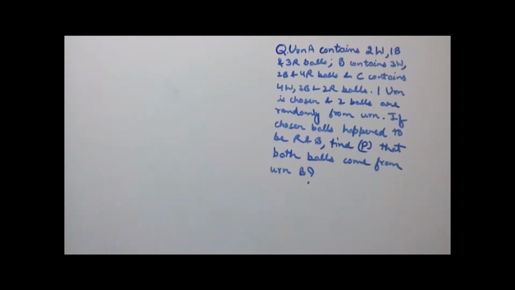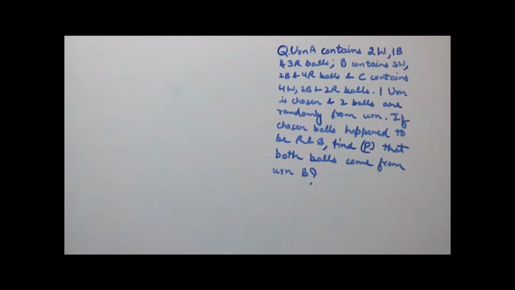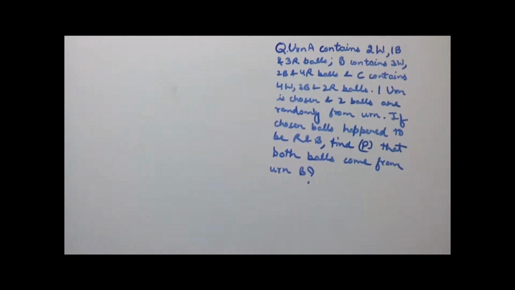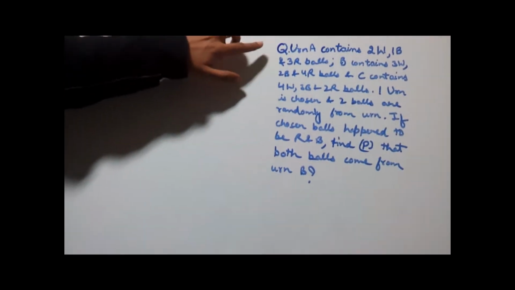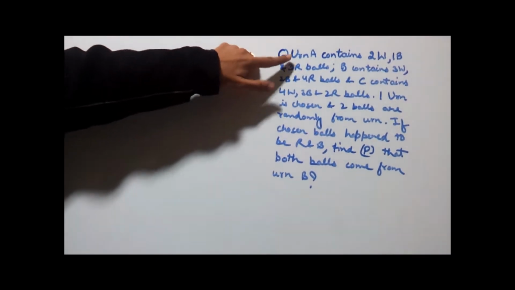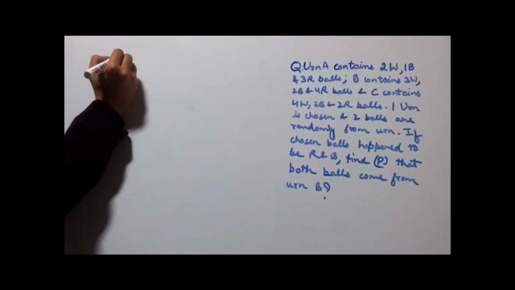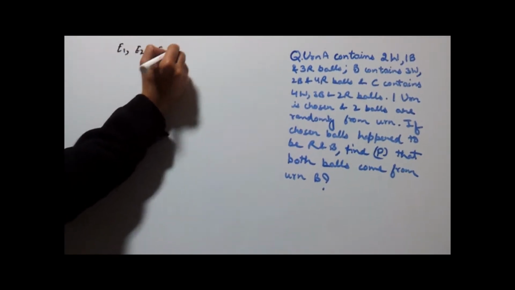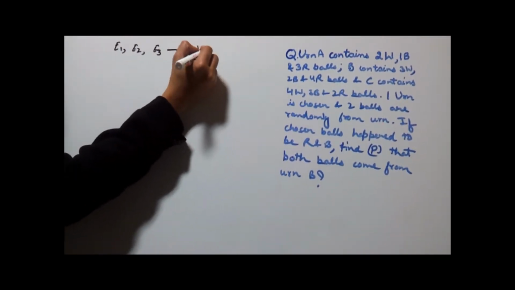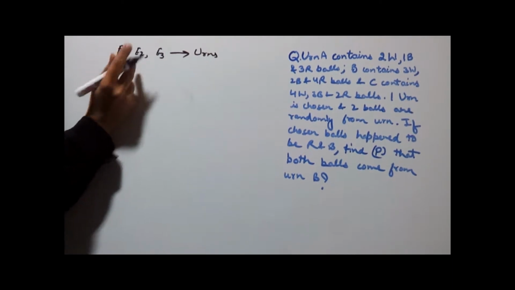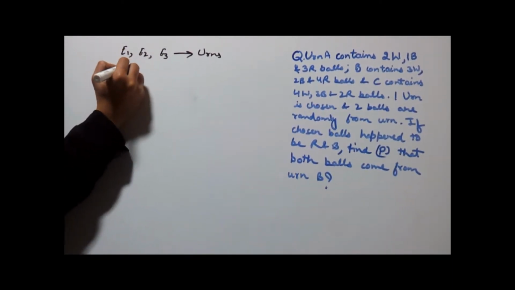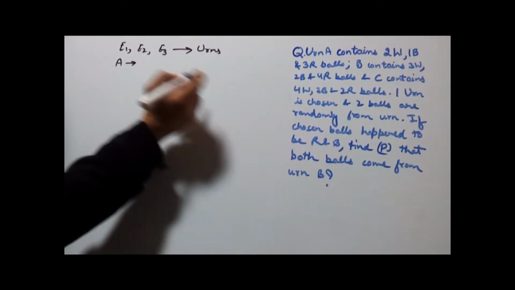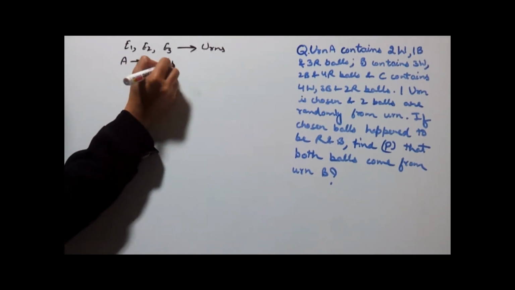As we know, in our Bayes theorem questions, we need to find out the events. So here our events E1, E2, E3 would be urns, and our event A, which occurs from these events, would be balls red and black.